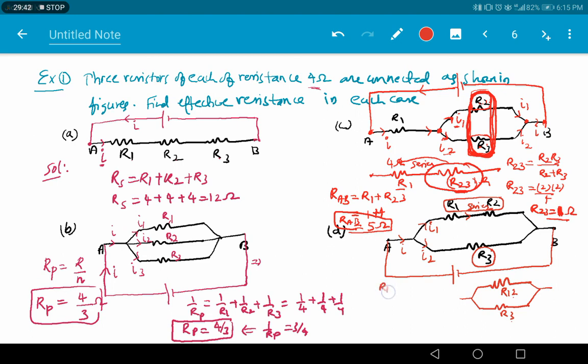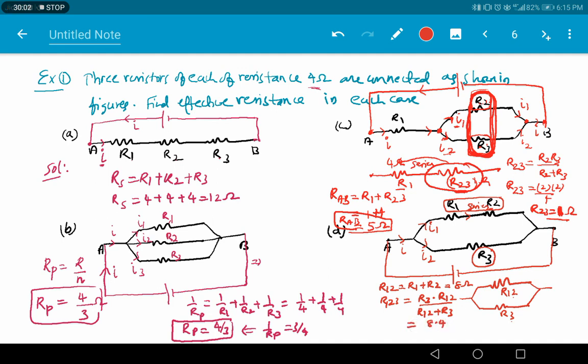Now let us find R12. R12 is equal to R1 plus R2, 8 ohm. Then R123 is equal to R3 into R12 by R12 plus R3.